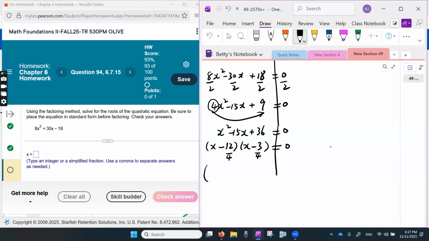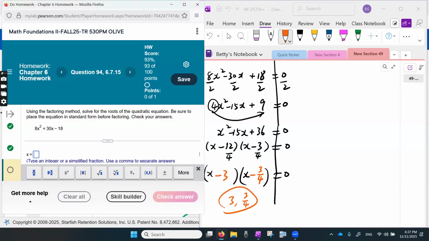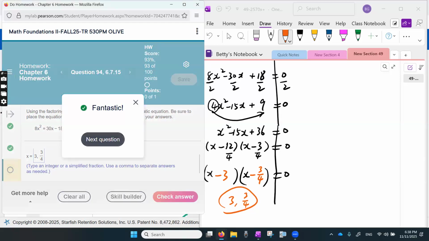Simplify. 12 over 4 is 3, so negative 3, negative 3 fourths. So the two numbers in red, they have opposites, 3 and 3 fourths. So the solutions are 3, comma, 3 divided by 4. All right. Next.